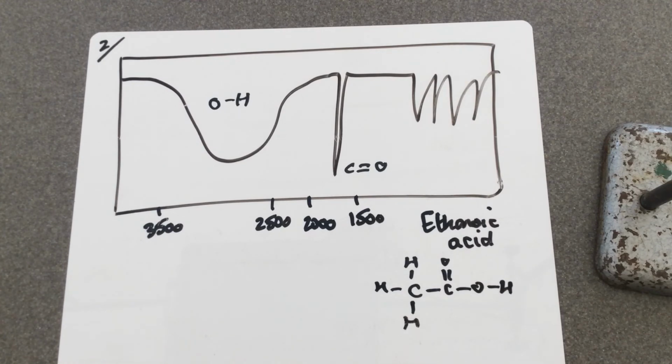I don't know necessarily which one, but I know I've got a carboxylic acid. So infrared is basically telling us what type of compound we have. Is it an alcohol? Is it an aldehyde or ketone? Is it a carboxylic acid?